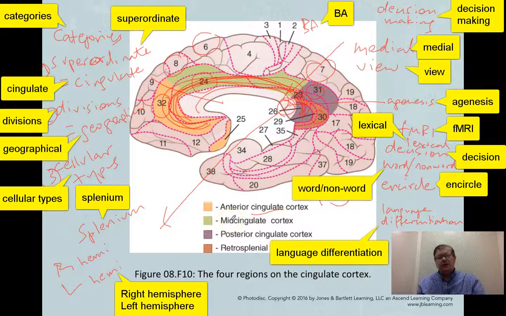So there are conflicting research studies on that question, but the point here is to illustrate that the cingulate cortex is intimately involved in cognitive processing at the level of decision making, and therefore is relevant to understanding neurolinguistics of language processing.